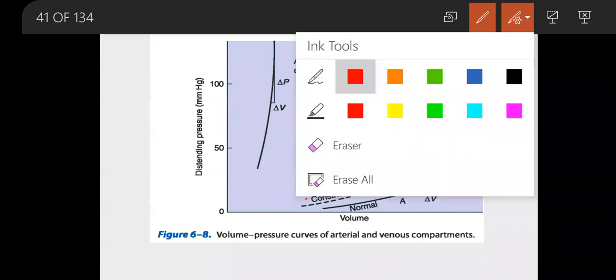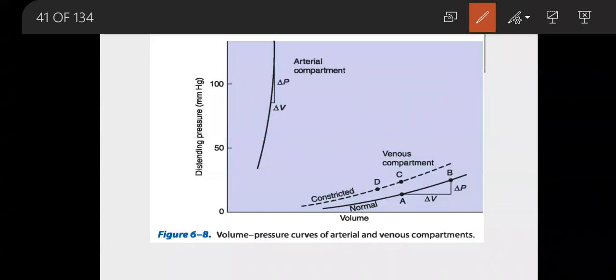So it's very compliant, it can be distended, it can be constricted. So when the pressure increases, the compliance decreases. And in the veins, if you constrict the veins, because they are very compliant, the volume decreases rapidly and the pressure is steady. There is no massive increase in the pressure in the veins like the arteries.